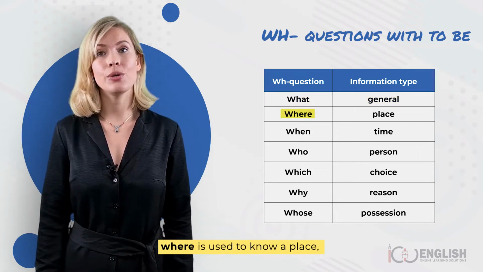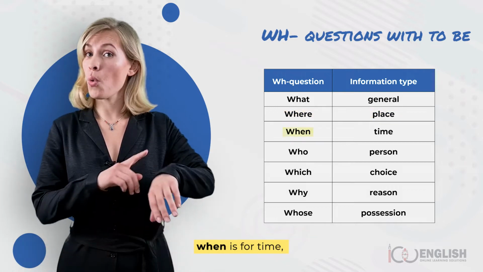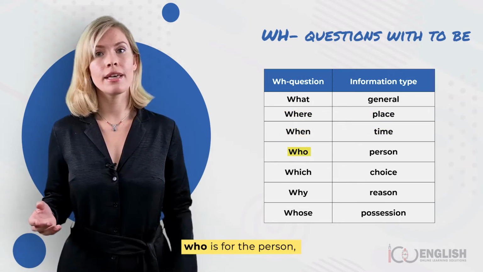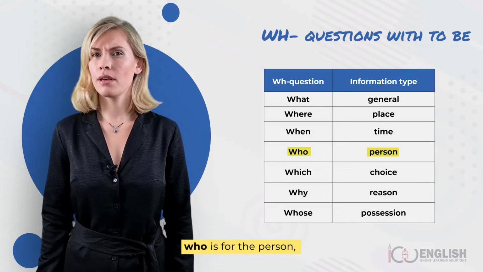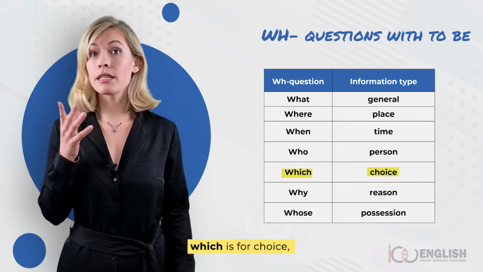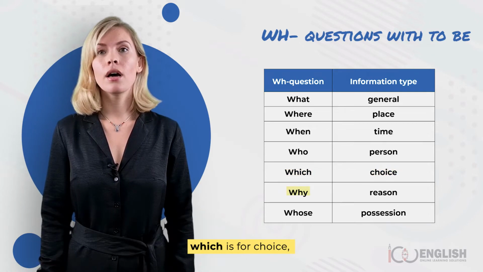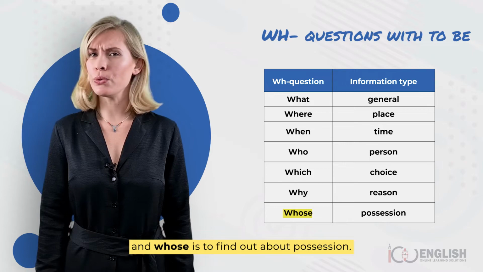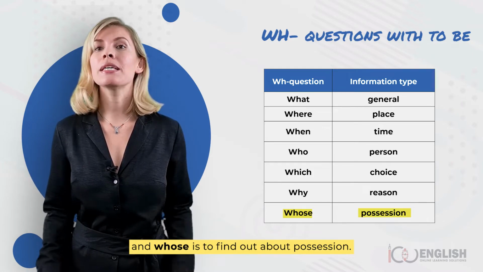Where is used to know a place. When is for time. Who is for the person. Which is for choice. Why is for reason. And whose is to find out about possession.